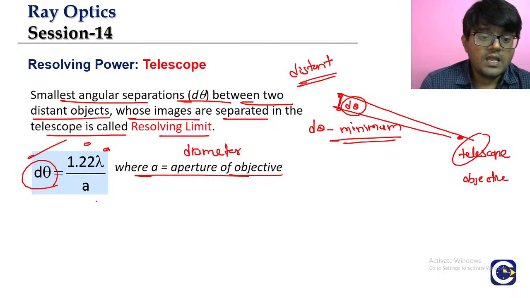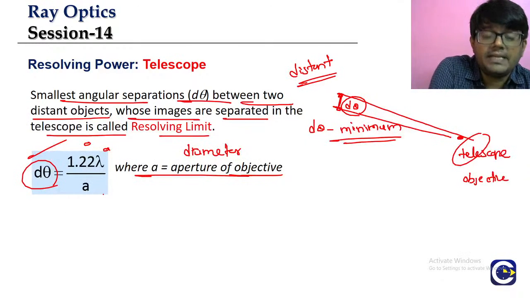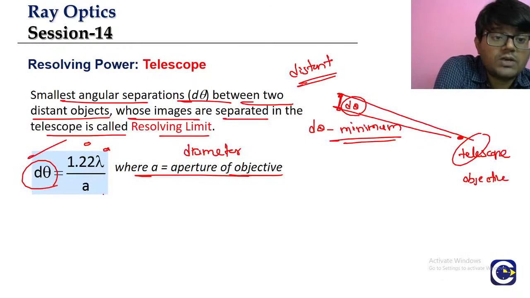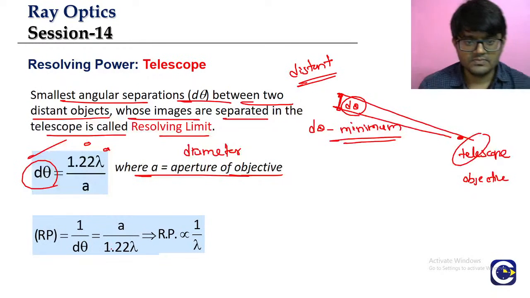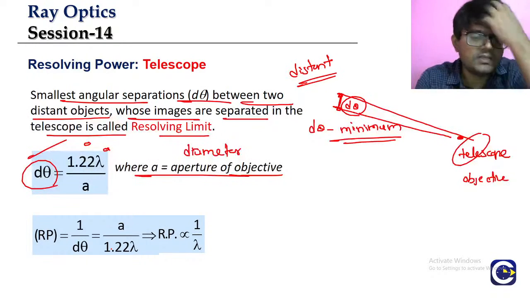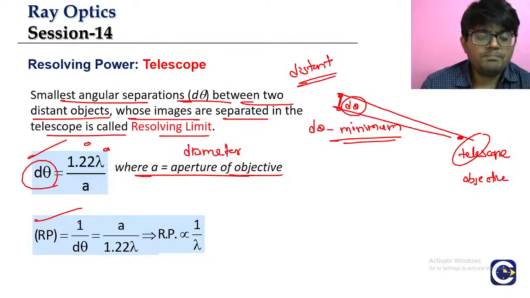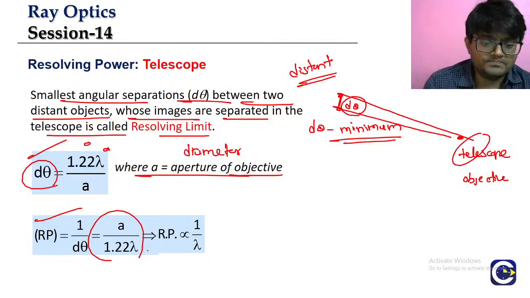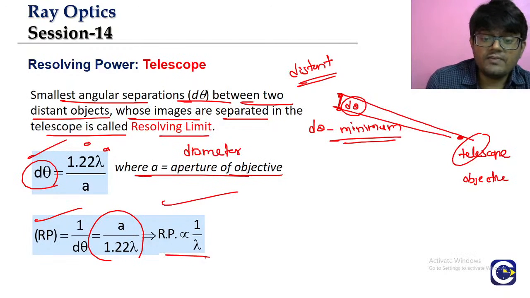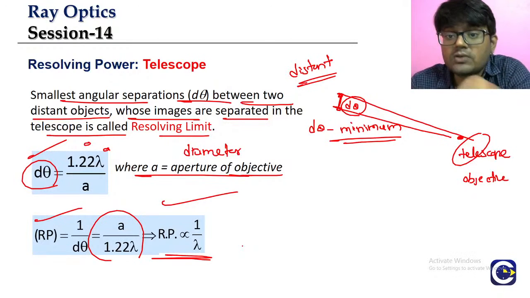And the reciprocal of the resolving limit is basically what we call the resolving power. So the definitions of resolving limit and resolving power are synonymous in both the microscope and telescope. The resolving power will be 1 by resolving limit, which is a by 1.22 lambda. Here also we can see resolving power is inversely related to lambda.